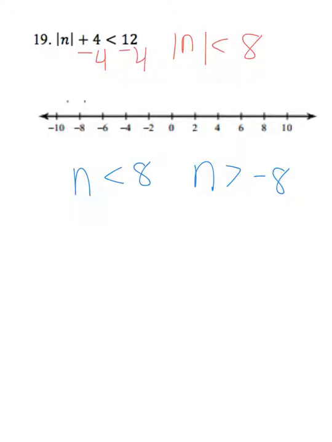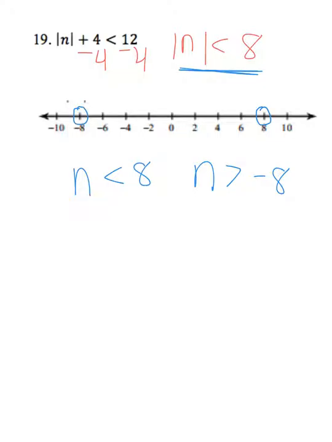I know I can then just graph these two, and they're going to be open circles because it is a less than symbol. And I also know from up here it's also going to be an and again because less than means and. So at 8 I'm going to do an open circle, and at negative 8 I'm going to do another open circle.